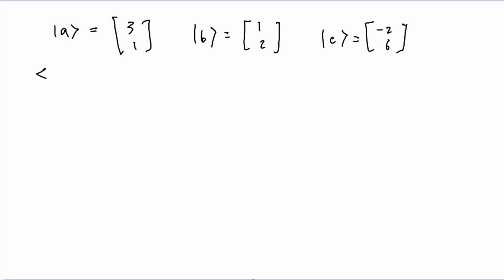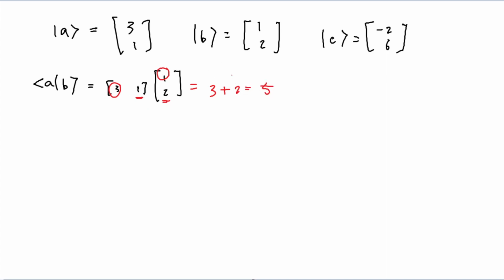And so let's start with A. Let's multiply A by B, which is basically like saying 3 and 1, and 1 and 2. And if you remember from our vector multiplication, you match these first two terms, 3 times 1, which is 3, plus you match your second two terms, 1 times 2, which is equal to 2, which is equal to 5.